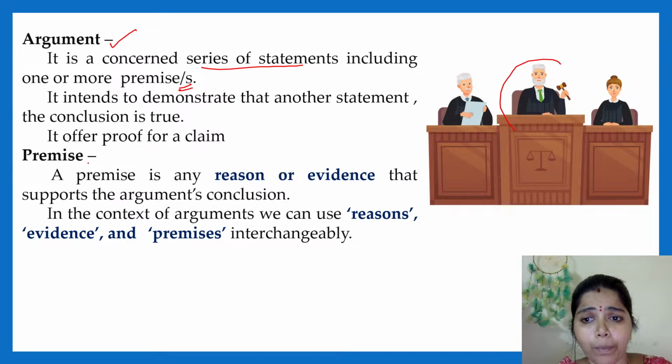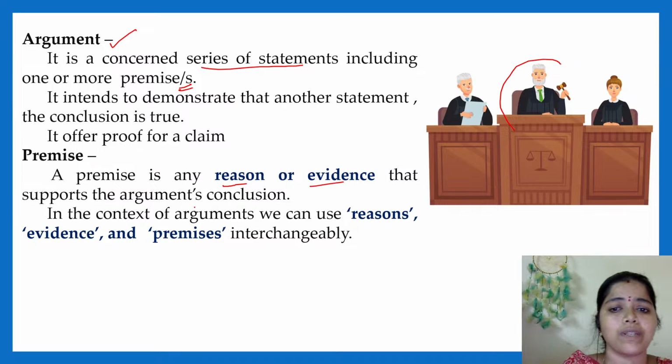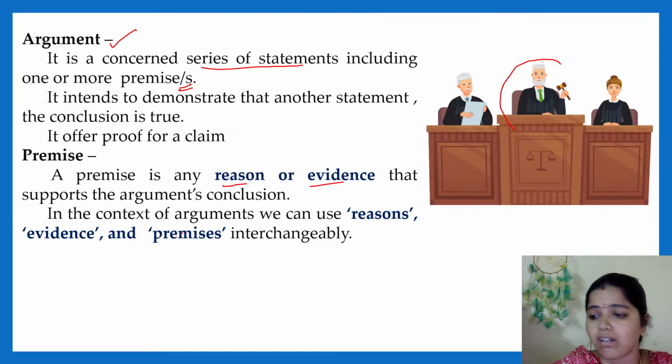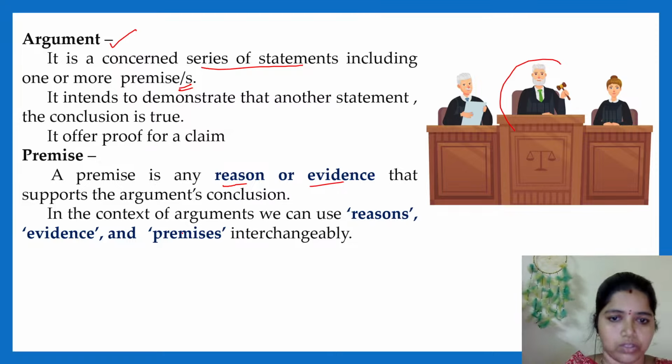So a premise is any reason or evidence that supports the argument's conclusion. Whatever arguments the lawyers have made in the court will lead to a conclusion which says either it is true or false. The judge will take all the arguments as evidence and reasons, and with those he comes to a conclusion.